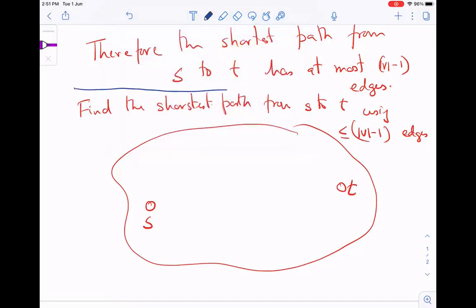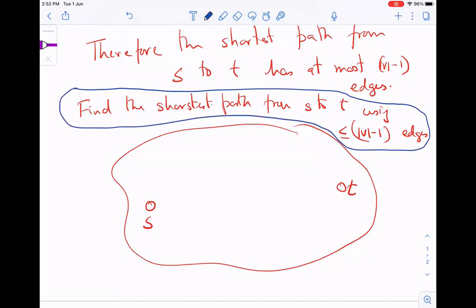How do I solve this? Any suggestions of how we can break it up into smaller subproblems?